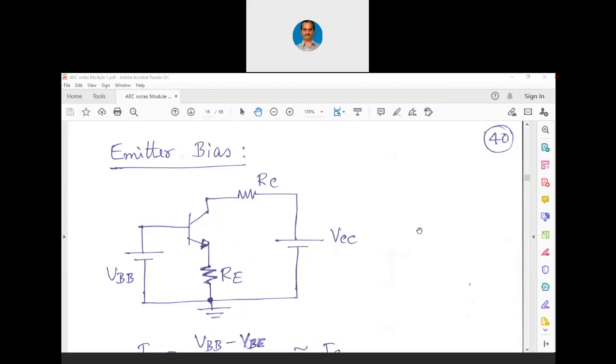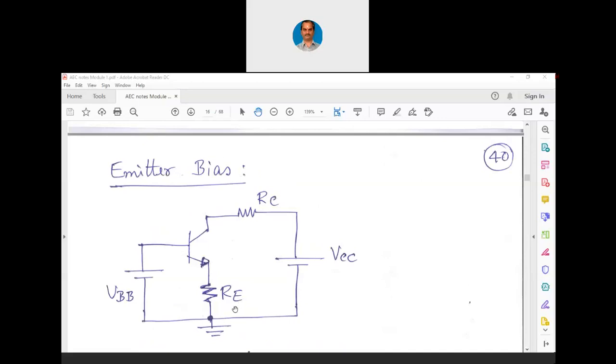Now we are looking at the circuit. Here you can see one resistor at the emitter also. I am showing you the symbol of VBB, which means that there is a power supply to the base and there is a resistor to the base also. I am only showing you the shorter form of the base circuit. Otherwise, RB is definitely present here.